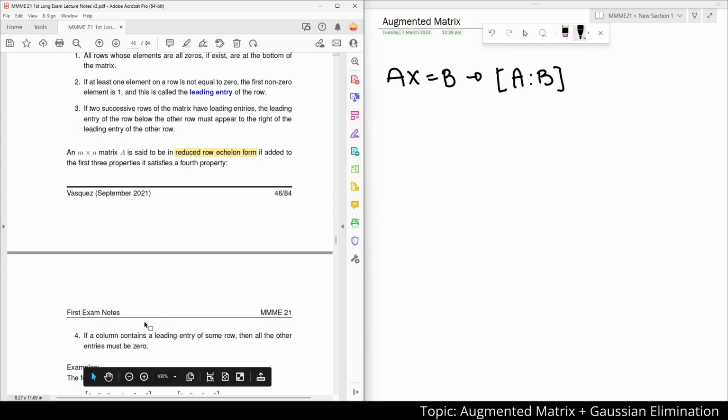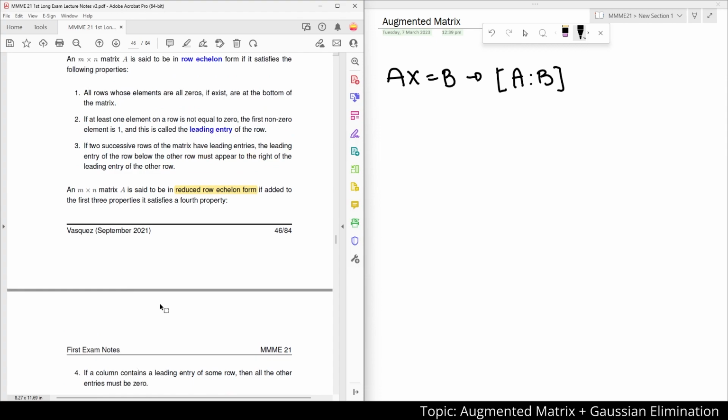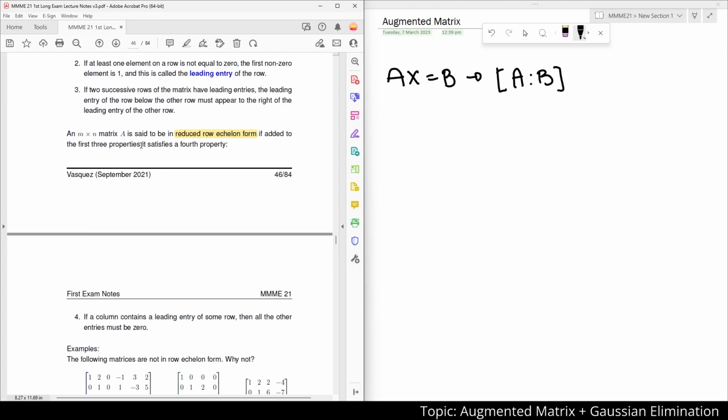Again, if a column contains a leading entry of some row, then all the other entries must be 0. So to know whether a matrix is in row echelon form and in reduced row echelon form, we apply these rules when we look at the matrix.